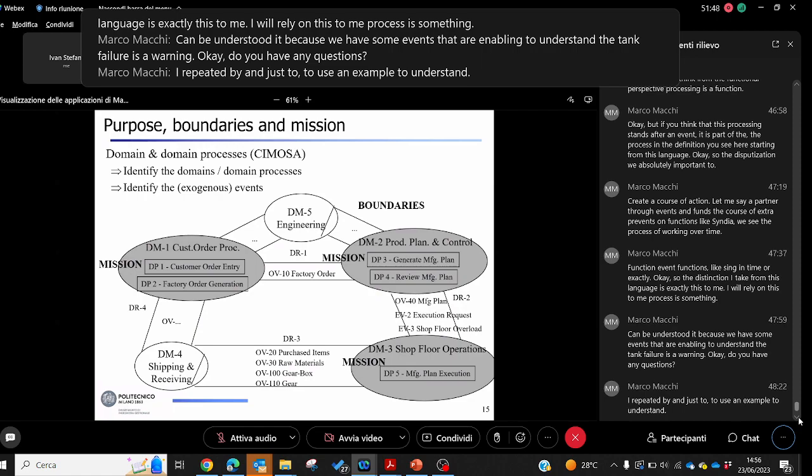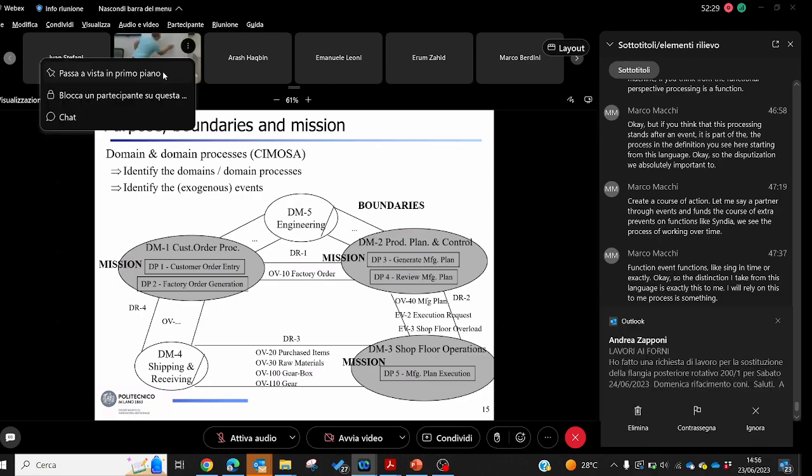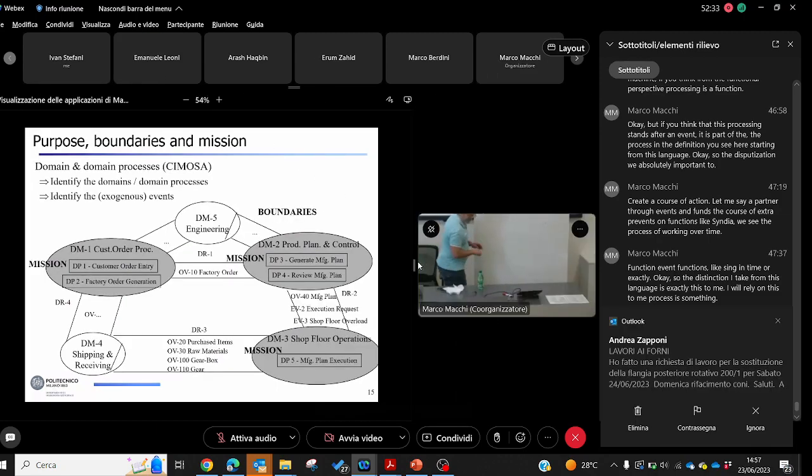The example: just representing a timeline.